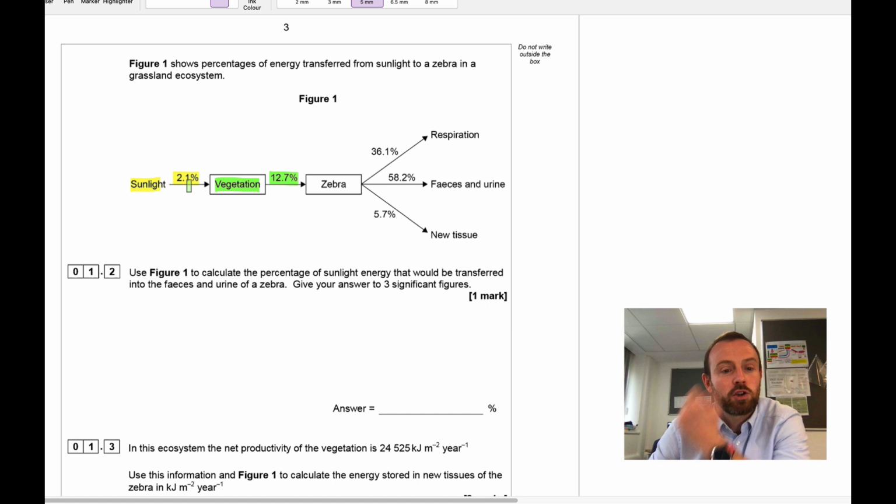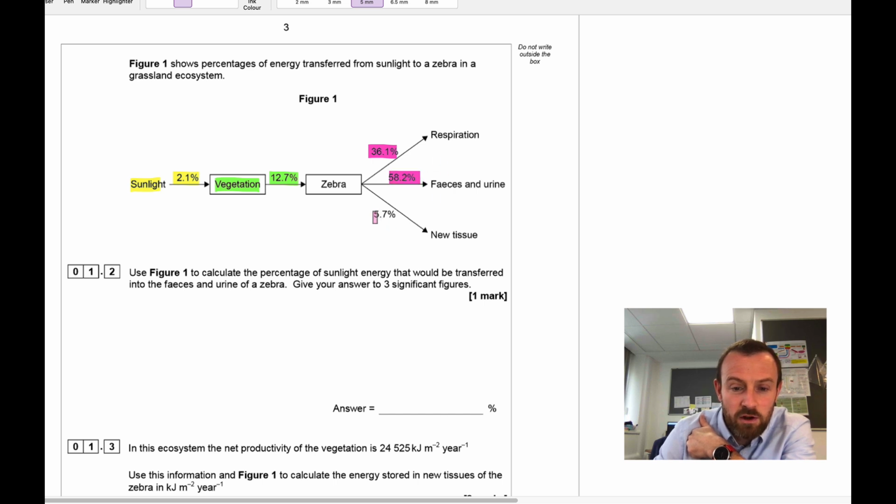So 2.1% of the light energy is stored as biomass in the vegetation, and then only 12.7% of what is stored in the vegetation makes it into the zebra. Then we have these various losses: 36% respired, 58.2% feces and urine, only 5.7% new tissue.